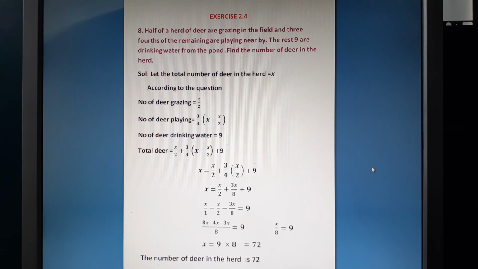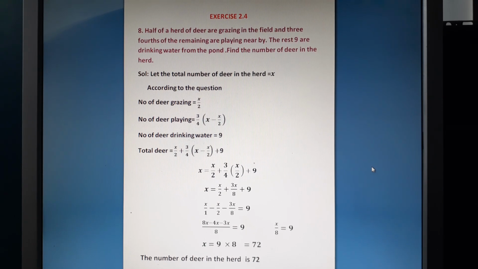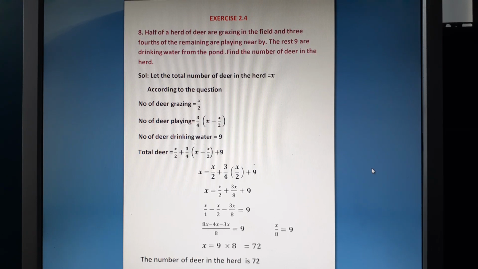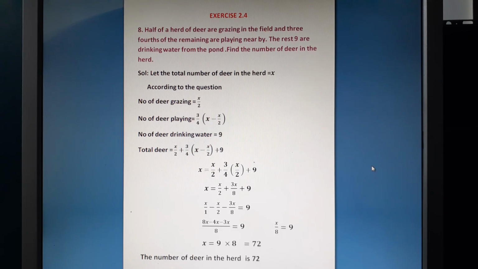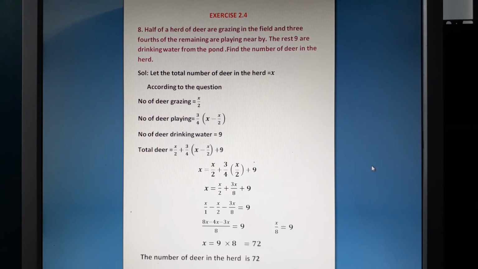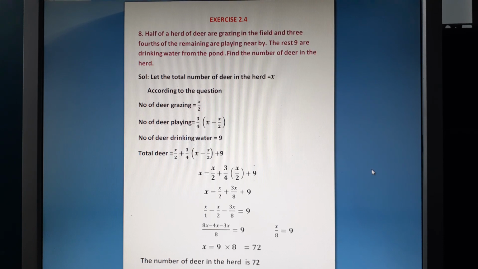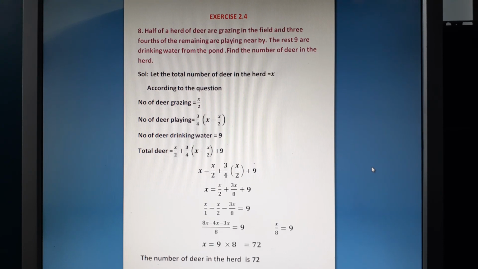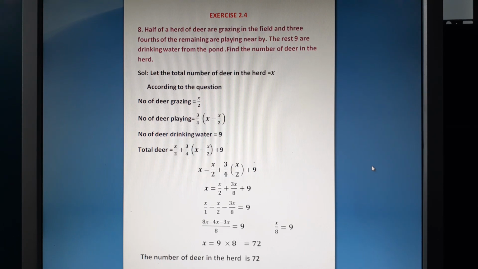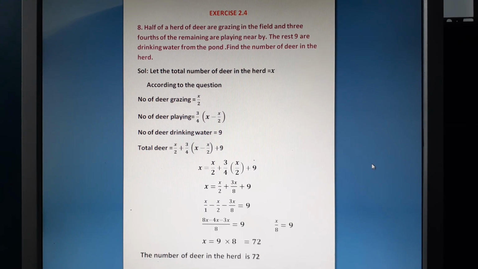So total deer is equal to x divided by 2 plus 3 by 4 into x minus x by 2, because here the number of deer playing is 3 by 4 into remaining. So here we put 3 by 4 into x minus x by 2 plus the rest, 9.